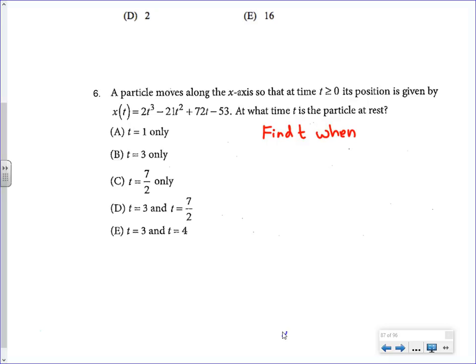It says it's stopped, meaning the velocity equals 0. Velocity is position prime, which is 0. I need to find it, set it equal to 0, and solve, right?